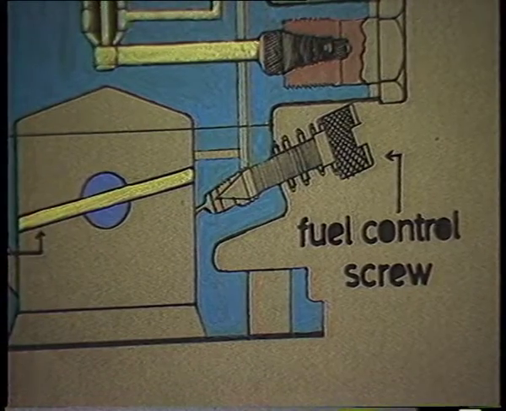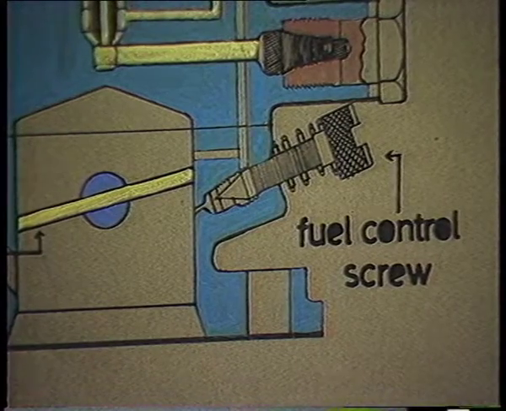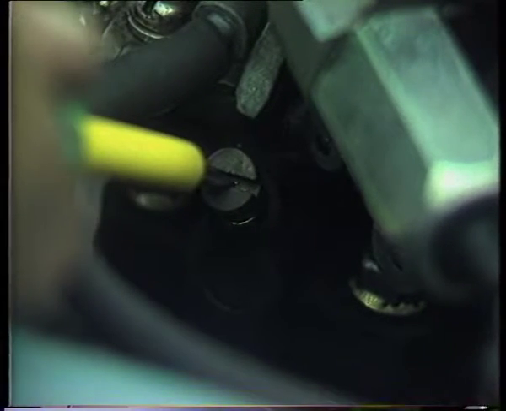The screw is therefore located so that its tapering point enters the idle discharge hole. To enrich the mixture, the volume control screw is turned anti-clockwise, and to lean the mixture, it is turned in a clockwise direction.